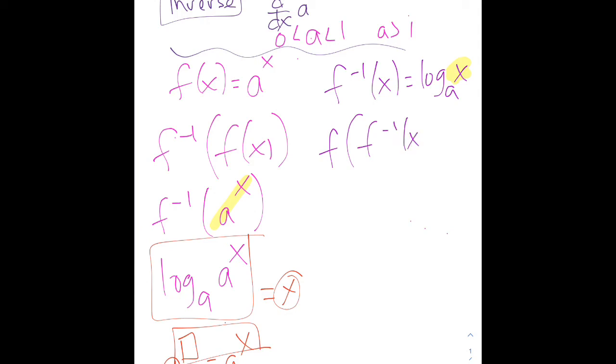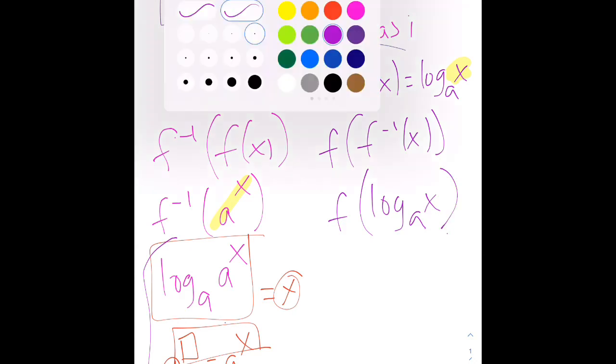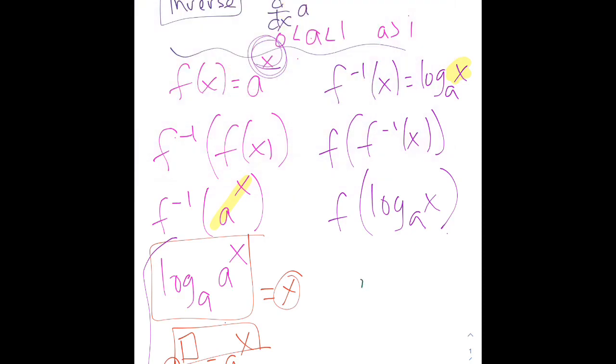The one that is a much harder sell is if I ask you to find f of f inverse of x, because I can't do this exponentiation piece. What I have is, if I take log base a of x, and now I plug it in for that x, it yields a to the log base a of x, and by definition of inverses, this also has to equal x.